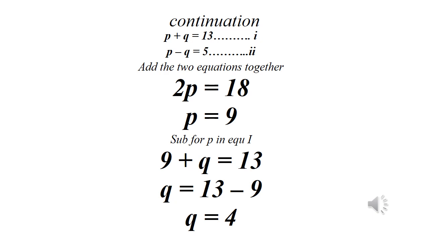If we divide both sides by the coefficient of p, which is 2, we have 2p over 2 equals 18 over 2. So 2 cancels 2. 18 divided by 2 is 9. So we have p equals 9. And if we substitute for p as 9 in equation 1, we have 9 plus q equals 13. Then q equals 13 minus 9. q equals 4.